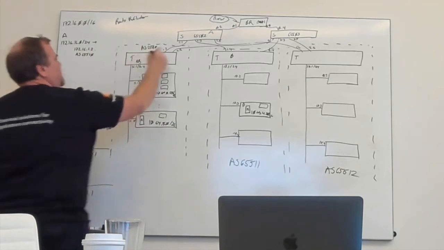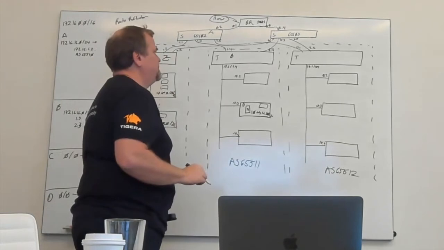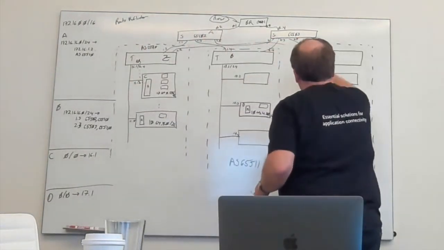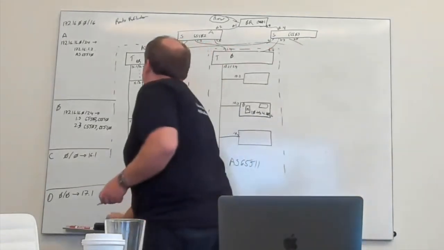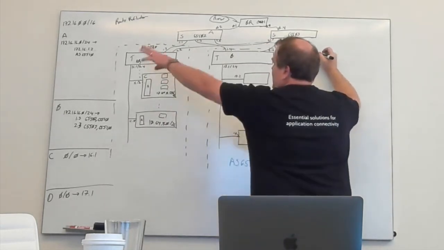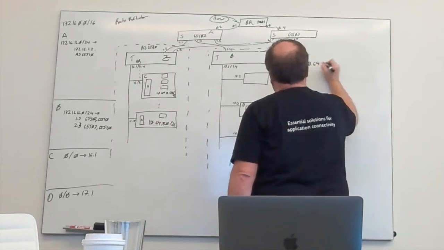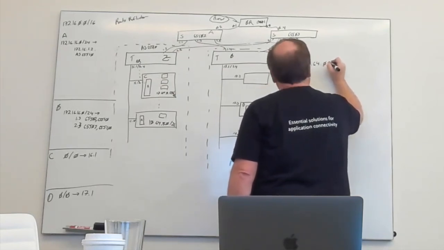So in this case, this switch here will get the route. I need to do this one. I'll call this one Z. I'm out of space. I'm going to get rid of this other AS here just to make more space. So routing table Z now has all the routes we talked about before, but it also has a route for 10.64.8.0/26.